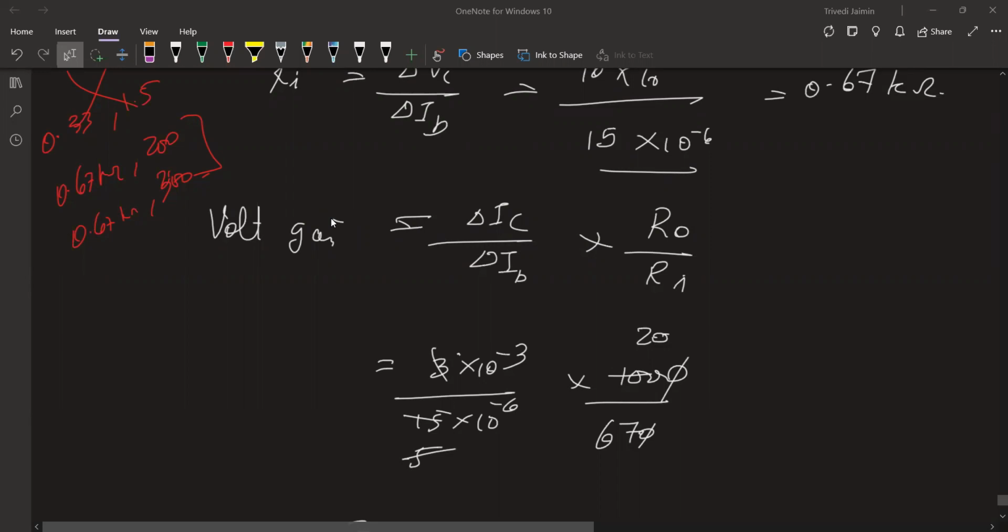Divided by 67, if we do, 20,000 by 67, no, sir? Yeah. If we take the numerator 10 to the power of minus 3, then 67 is 201, sir.